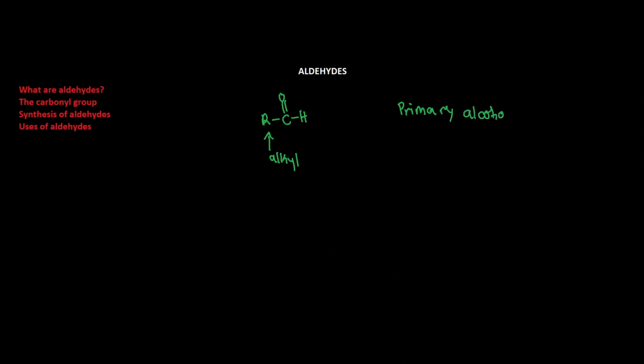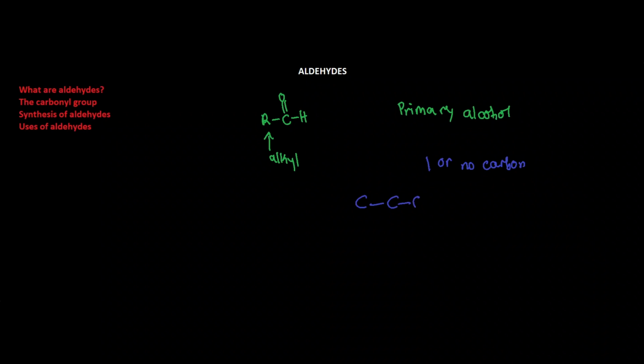In our video on alcohols, we discussed that primary alcohols are alcohols which have the hydroxyl group bonded to a primary carbon. Now, a primary carbon is a carbon atom that is bonded to one or no carbon atom.